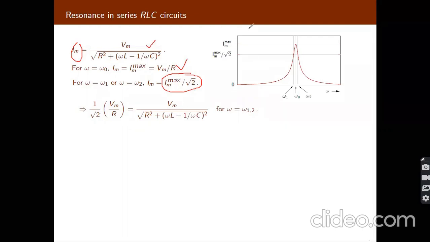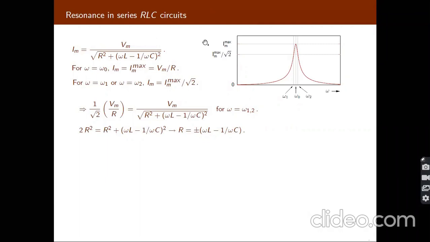Based on this equation, we can get one second order equation. Here Vm and Vm get cancelled. So you can do squares on both sides, right? Squares on both sides. So you are going to have 2R square equals R square plus (omega L minus 1 by omega C) square. So from this one, we will have a second order equation.